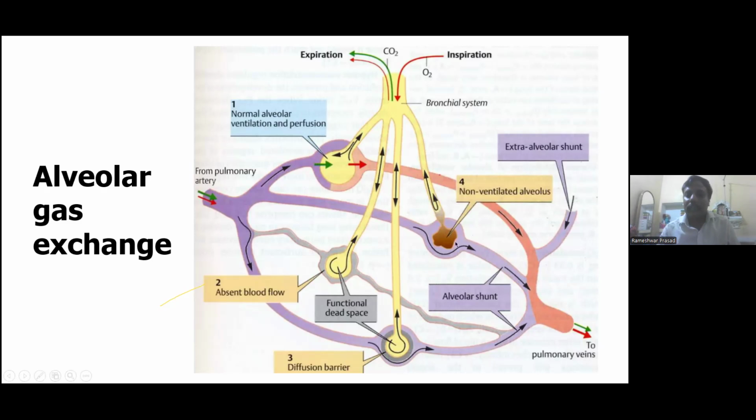In RDS, alveoli are completely collapsed, so there is no ventilation, although perfusion will be there. So these are the 4 types of alveoli which are the causes of the pathology and hypoxemia in the diseases. And the most common cause of hypoxemia is mainly ventilation perfusion mismatch in the lungs.